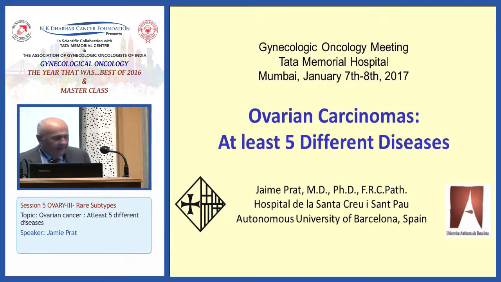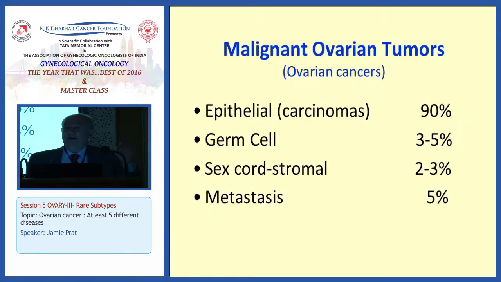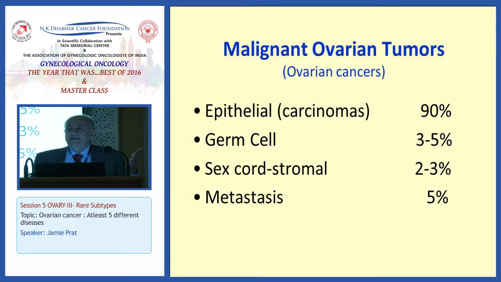All right, so at any rate, let me start by moving this here. Okay, got it. And dim the lights a little bit. Going from the general to the particular, we're going to discuss malignant tumors of the ovary. Over 90% of them are epithelial, are carcinomas. The others, much less common, are malignant germ cell tumors, 3-4%.